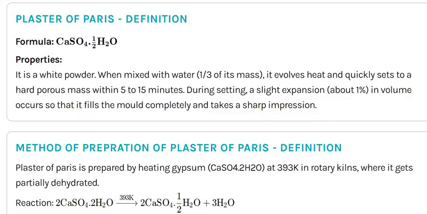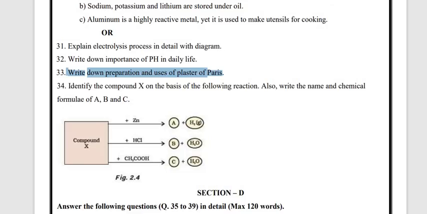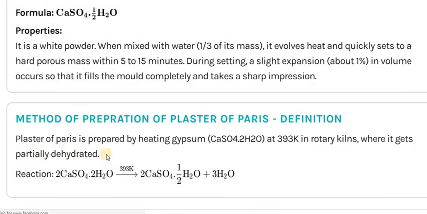Now let's see the method of preparation of plaster of Paris. How can we prepare plaster of Paris? Plaster of Paris is prepared by heating gypsum. The formula of gypsum is CaSO4 into 2H2O.